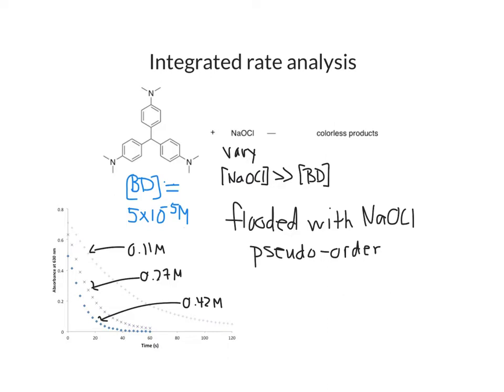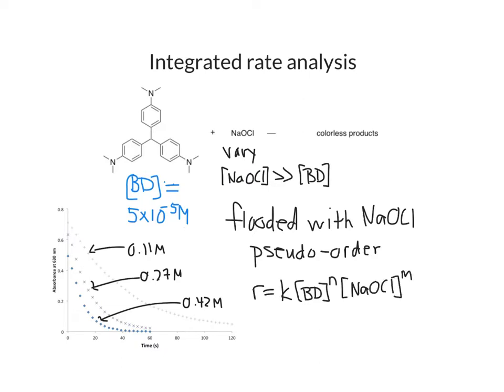So if you think about it, the rate law should be equal to some rate constant times the concentration of blue dye raised to some power times the concentration of bleach raised to some power.